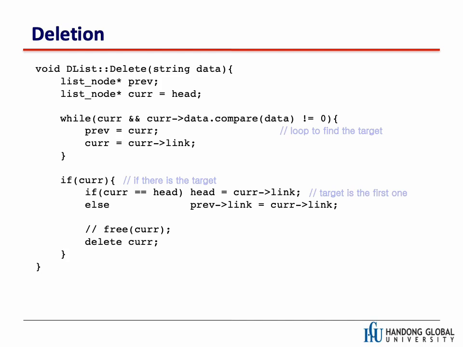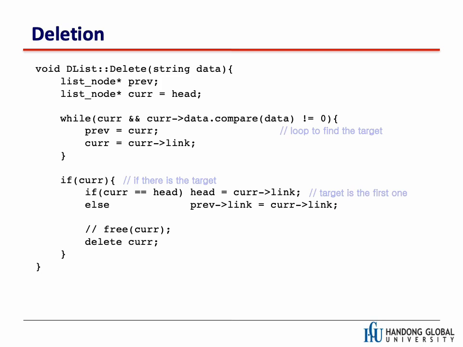That's it. So in the previous slide, with the figures, we saw this else part. When current is not the head, then prev link is pointing to the current link, then we delete current. But that's not it. We have to check if current is pointing to the first node, and then we have to implement for that case. So that's what we have here.